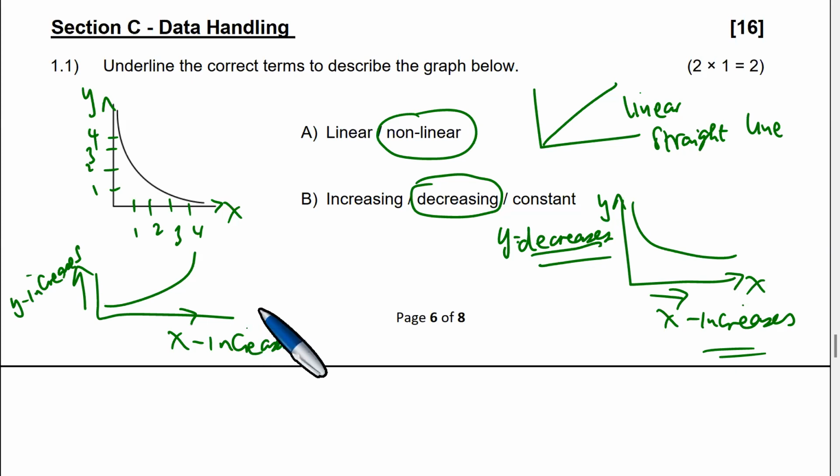Non-linear. It's non-linear. But is it increasing or decreasing? Increasing. It is increasing. Next question.